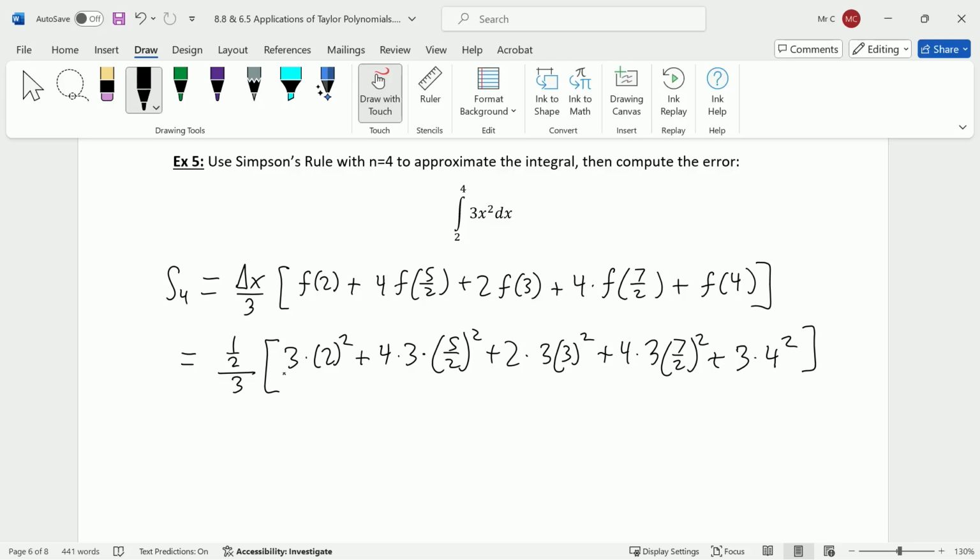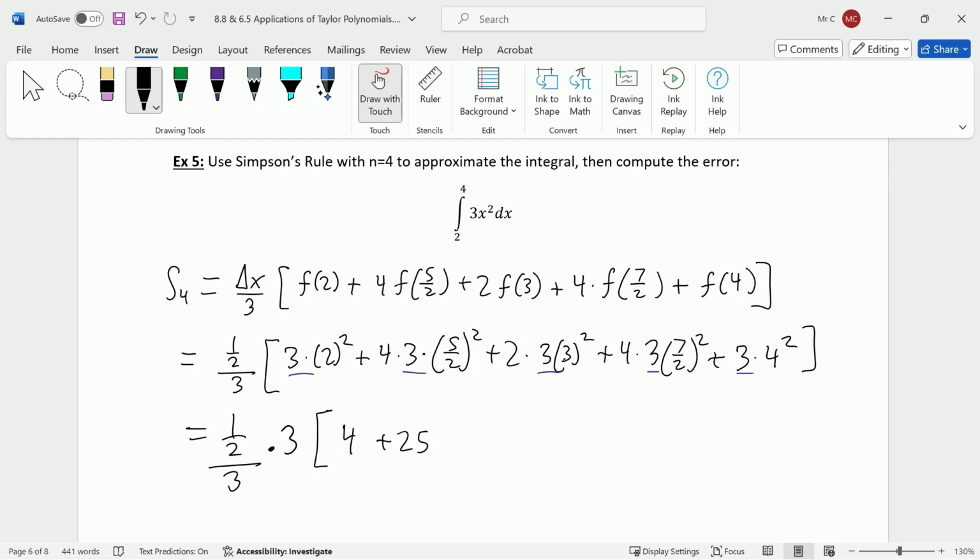And now I notice I can factor a 3 out again. Like I get a nice little factor here, 3 factors out. And this gives me 1/2 over 3 times 3 times 2 squared is 4. 4 times 5 squared over 2 squared. The 4 and the 2 squared cancel, so I just get 25.